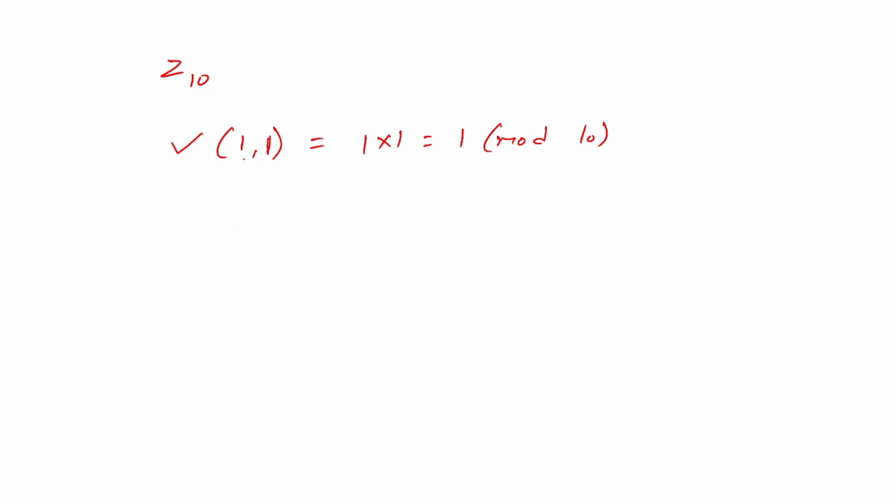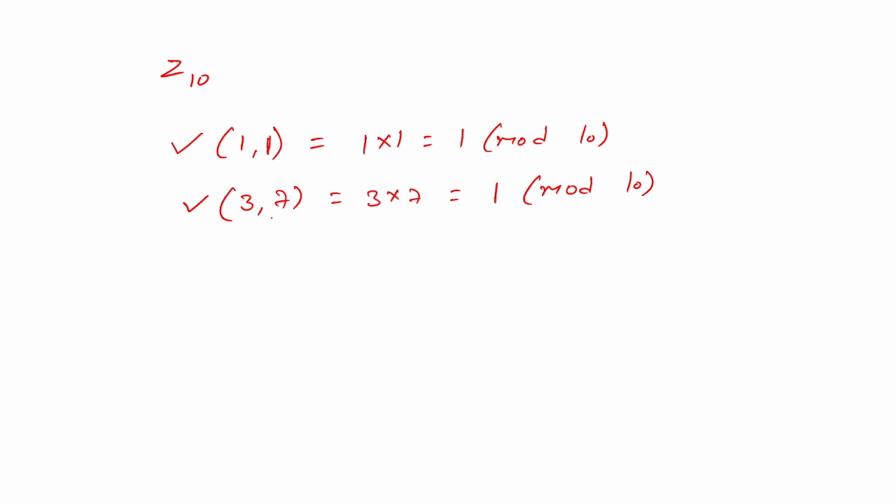So 1 has a multiplicative inverse, and next 3 comma 7, 3 into 7 is equal to 1 mod 10. So 3 has a multiplicative inverse. So 3 and 7 both are multiplicative inverses to each other.